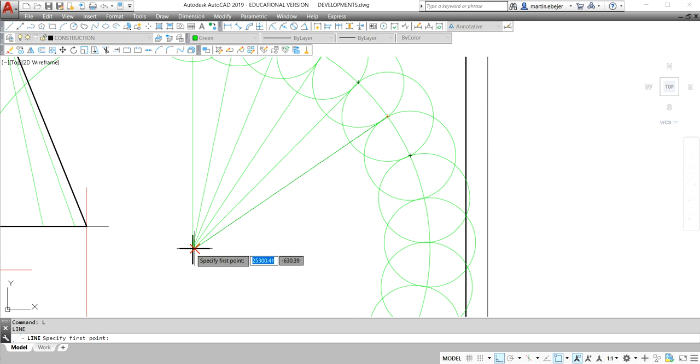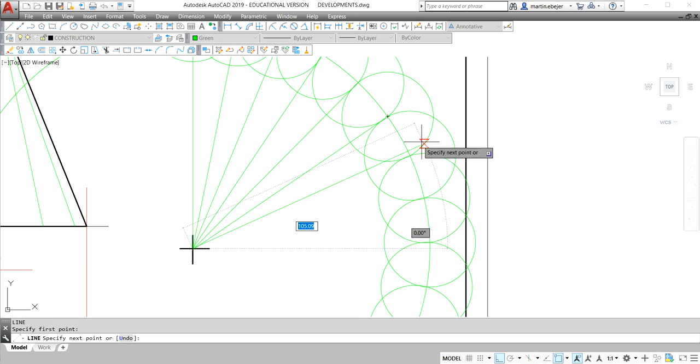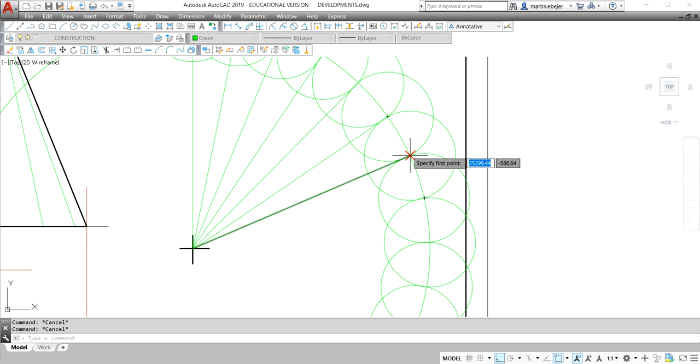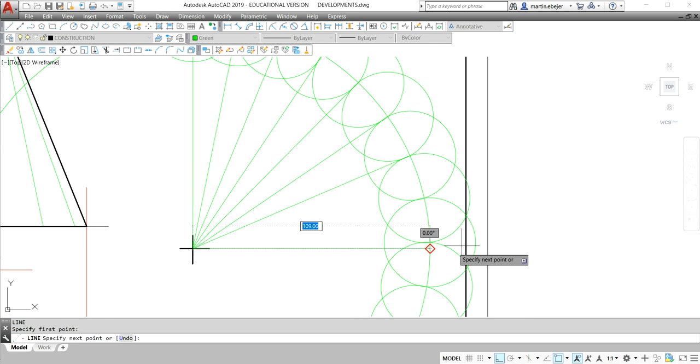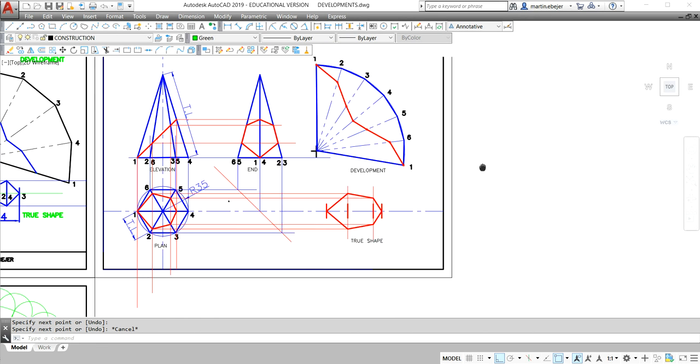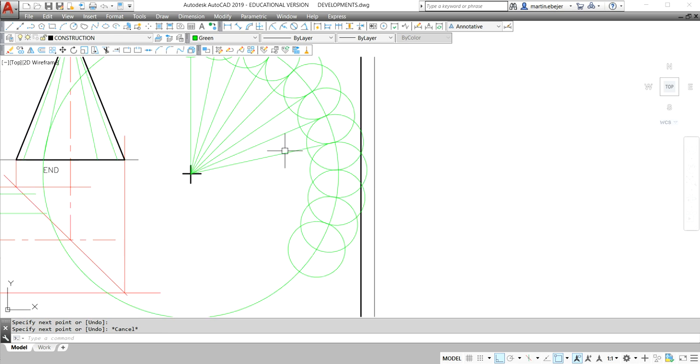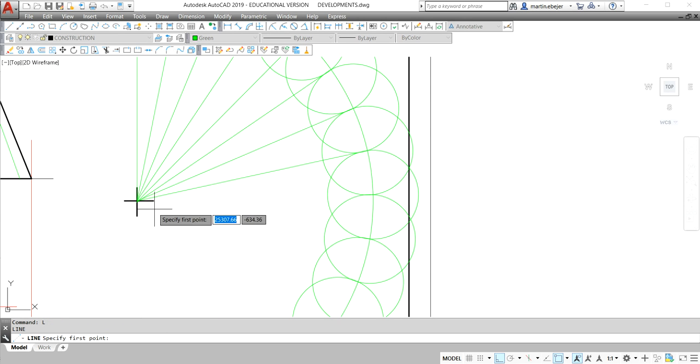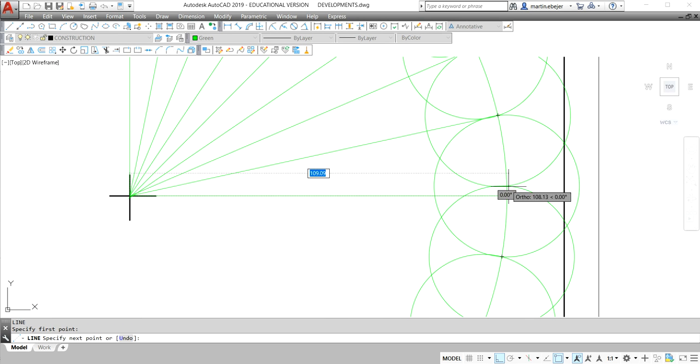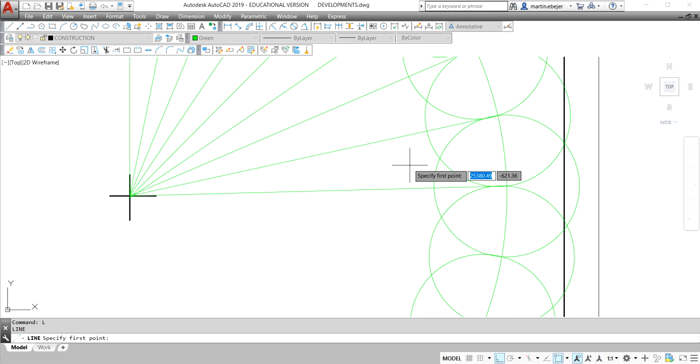Okay, with the ruler, always from the apex till the base, from the apex till the base, from the apex till the base, and make sure we have always 12 spaces.